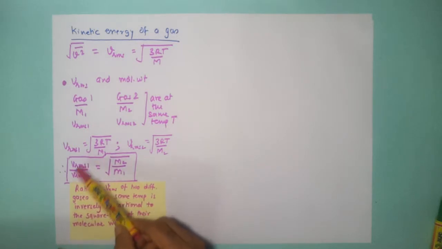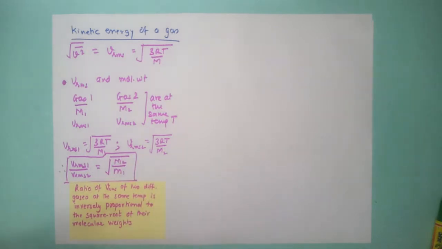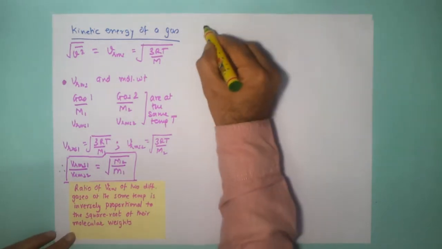What do you think would be the real life application of this concept? Think about it. If this video is not becoming too long, at the end of the video I'll give an example of the real life application of this concept of kinetic energy of gas.